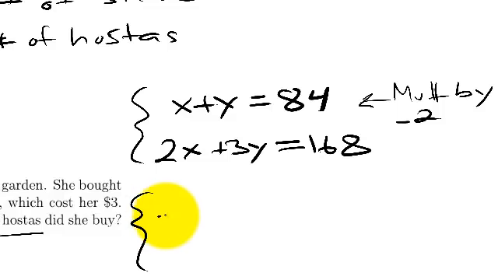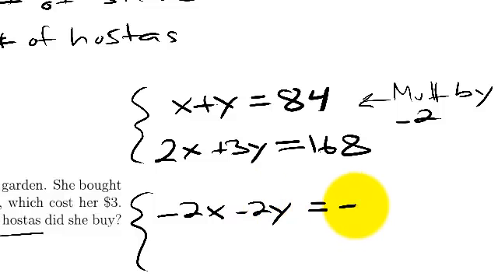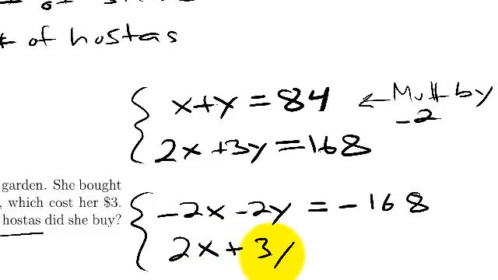The first equation then becomes negative 2x minus 2y equals negative 168. And the second equation, 2x plus 3y equals positive 168.